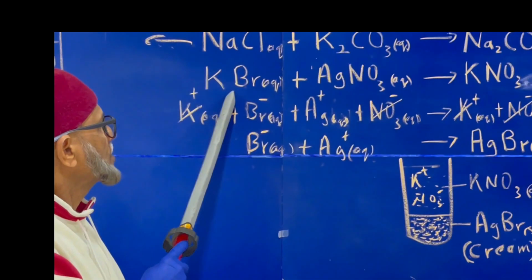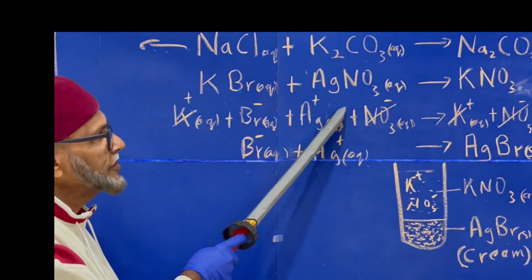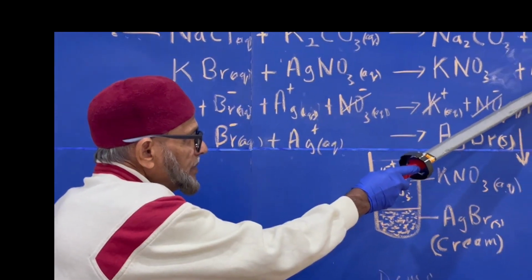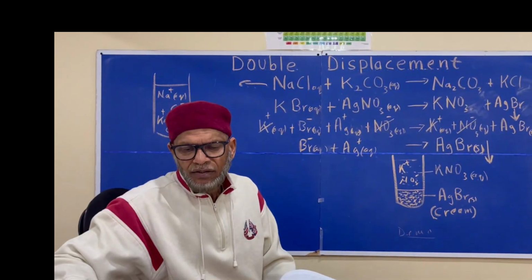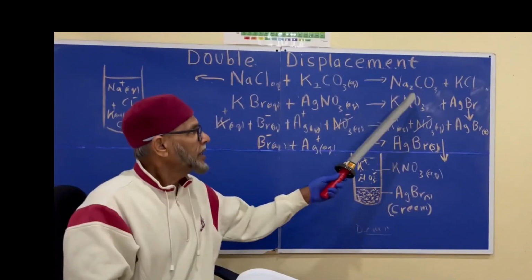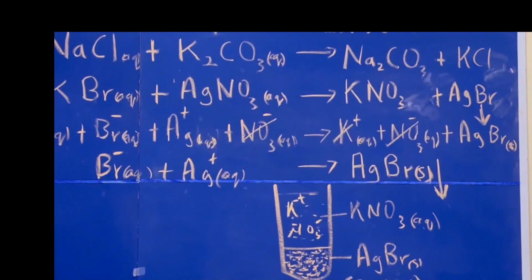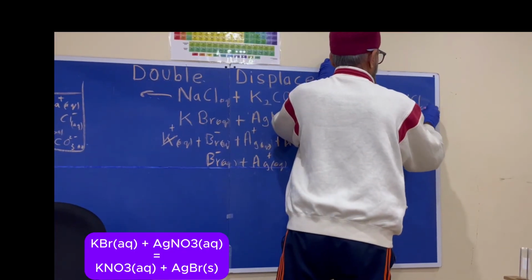This one here is for the mixing of potassium bromide solution with silver nitrate solution. I get potassium nitrate and silver bromide here. According to the solubility chart, both sodium chloride and potassium carbonate... both of the products in the first reaction are soluble in water. As such, we'll now put in the aqueous state symbol.